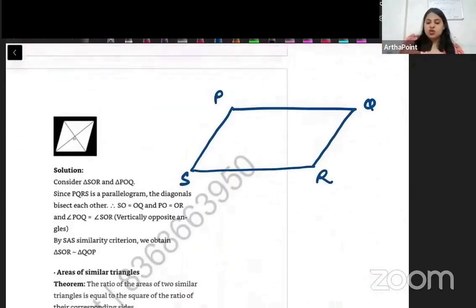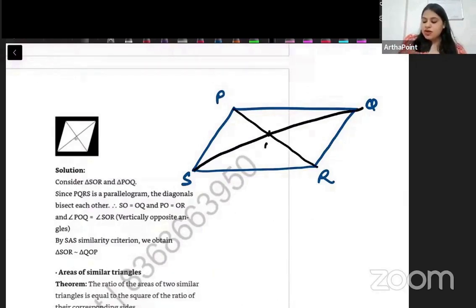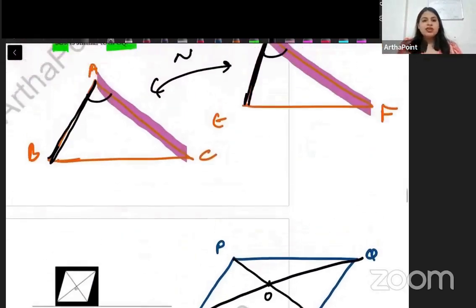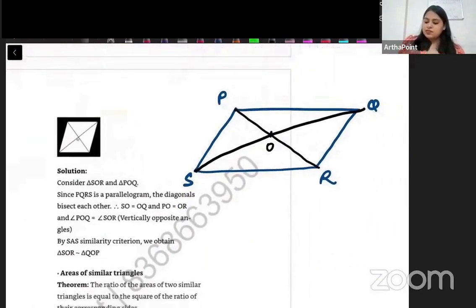So पहले O समझ लो क्या है? O is when I join the diagonals. Then this is O, beta. Now it says POQ, माने this. And SOR, माने this. I have to prove that these two triangles are similar to each other.